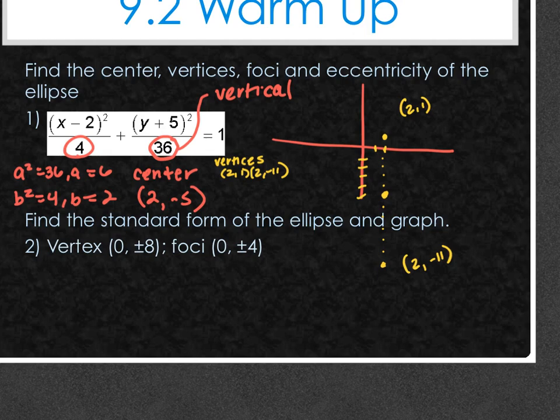And then my b, which is 2, I go right and left. 1, 2, that's (4, negative 5). 1, 2, that's (0, negative 5). And those are your co-vertices. Now I can connect these to make my ellipse.